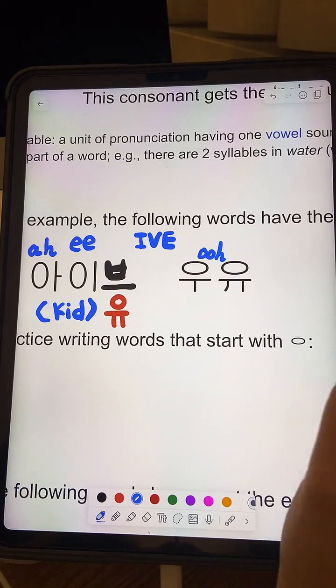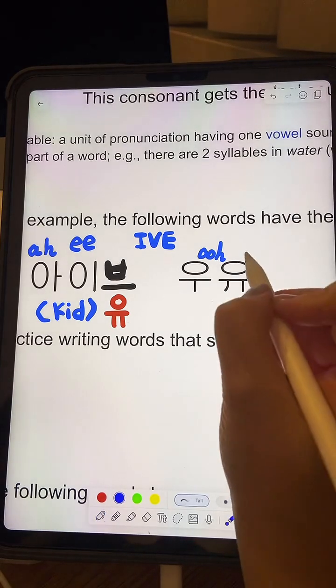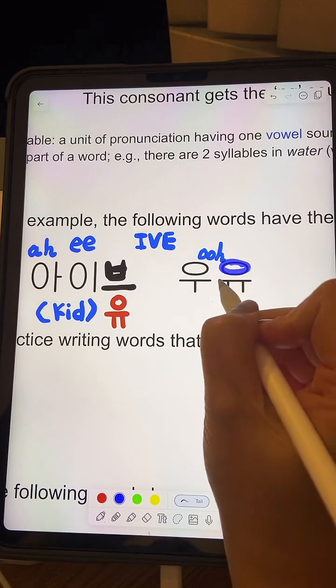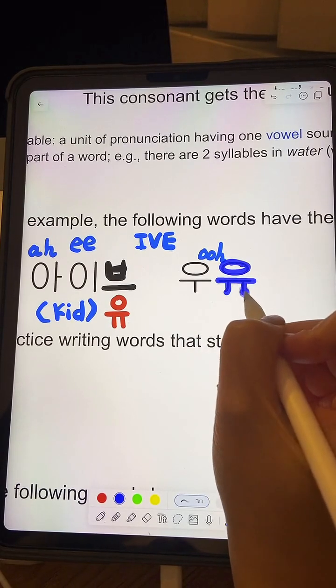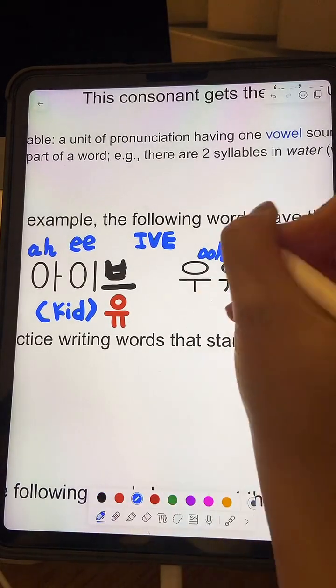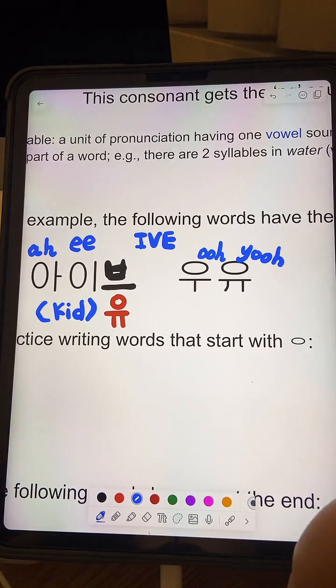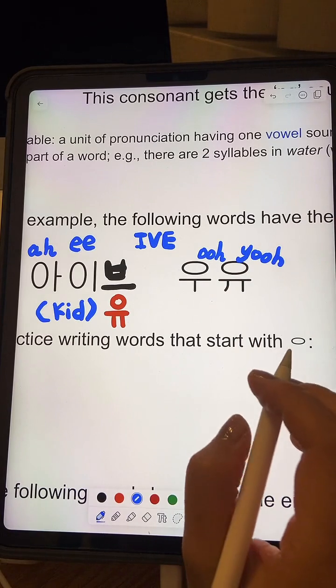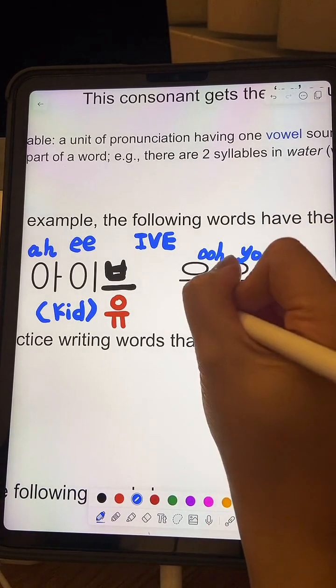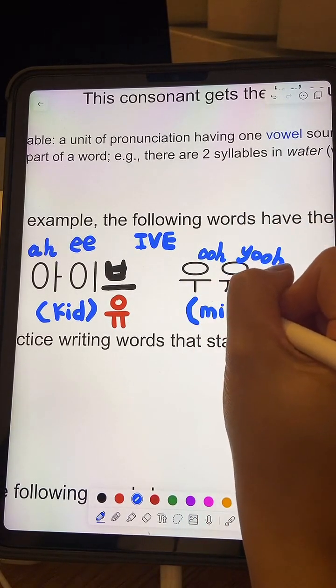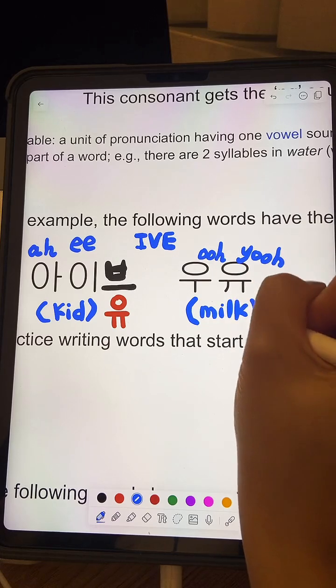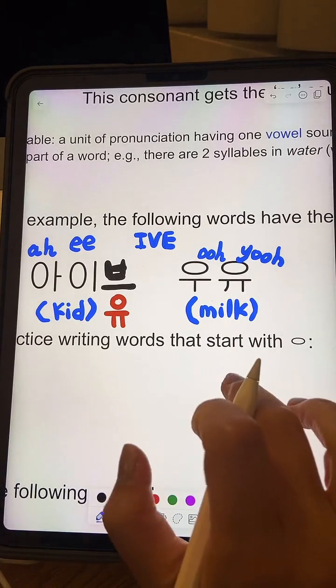Good, uyu. Next, silent. What vowel? U. Uyu. 우유 means milk. 네. 우유.